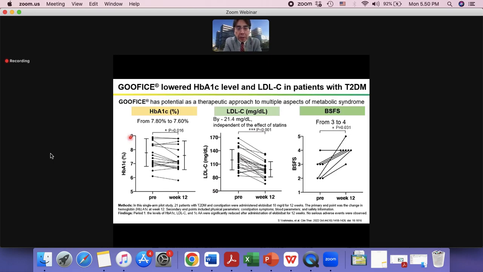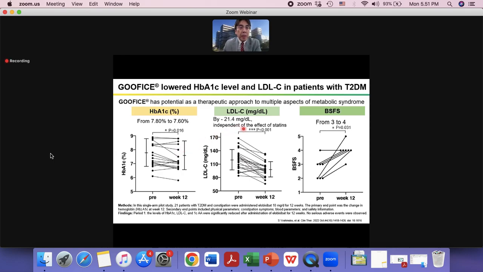There is a very interesting paper from Yoshinobu 2 years ago. The Elobixibat group lowered the hemoglobin A1C and the LDL cholesterol in patients with type 2 diabetes. As you can see here, administration of Elobixibat lowers the hemoglobin A1C, which is caused by the increasing GLP-1.